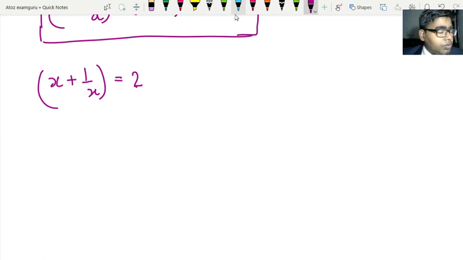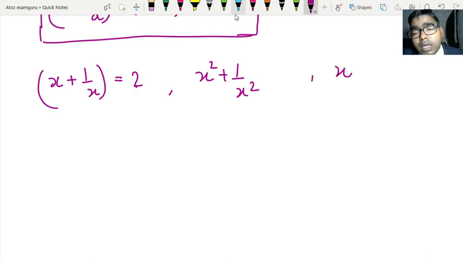And what we have to find out? We have to find out x² + 1/x² and x⁴ + 1/x⁴. This is given to us, and these two things we have to find out.